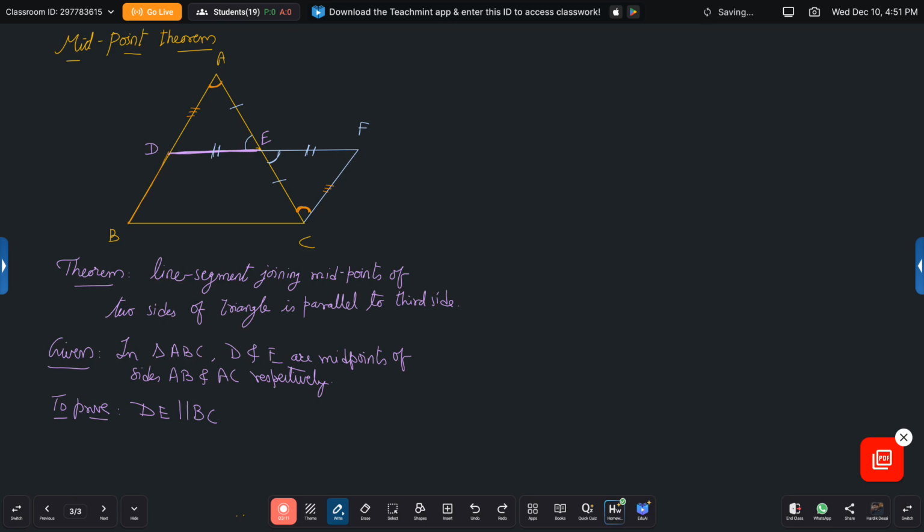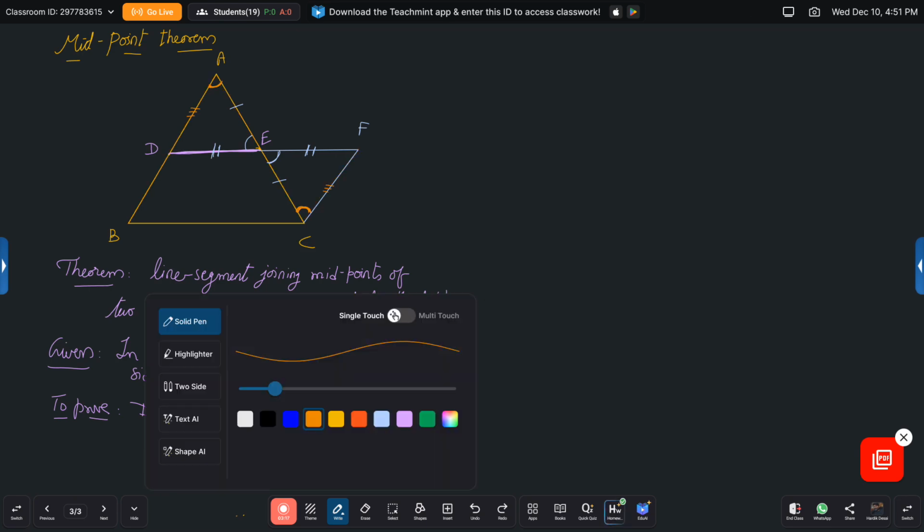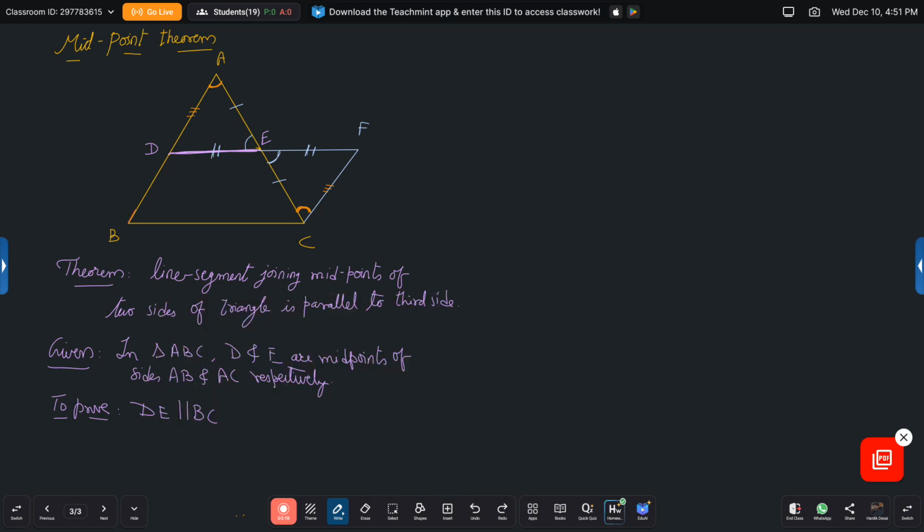You can see this Z. I am drawing this Z in another color, then you will be able to see it very clearly. This red color is making a Z, and the angles formed by the Z are equal. We just proved it, right? So if these angles are equal, you can say that AB is parallel to CF.